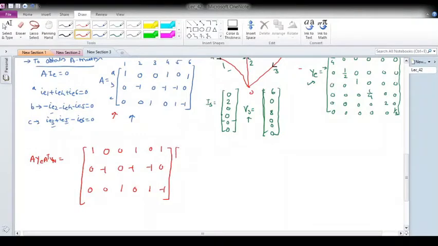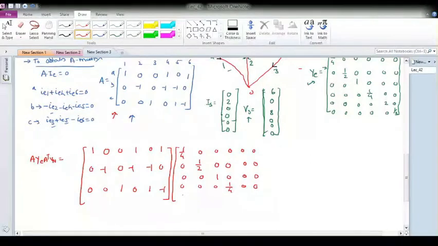Then multiplying this with Ye. What is Ye? That is 1 by 4, then 0 1 by 2 0 0 0 0, then 0 0 1 0 0 0, then the fourth is 0 0 0 1 by 4 0 0, the fifth is 2, so 0 0 0 0 2 0, and the sixth is 0 0 0 0 0 1 by 3.